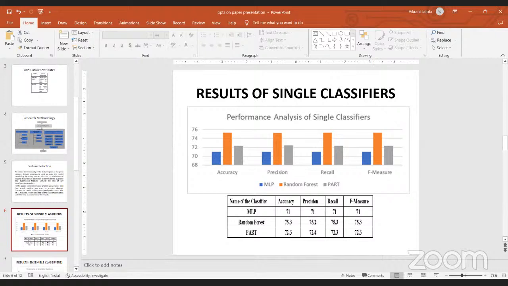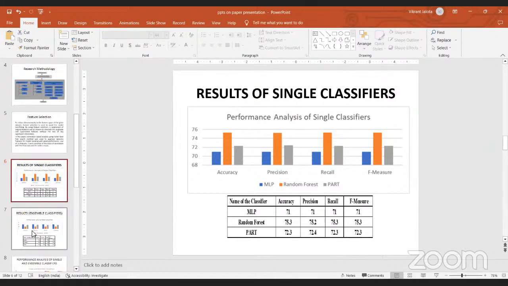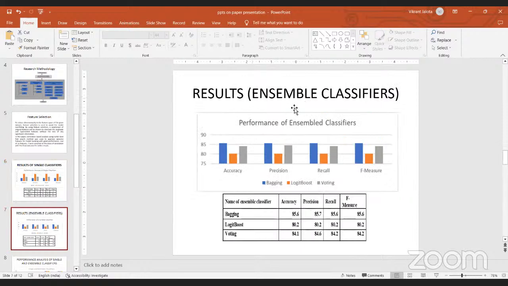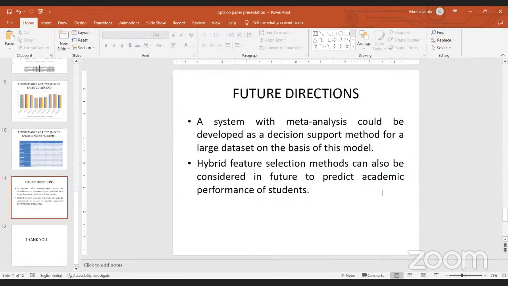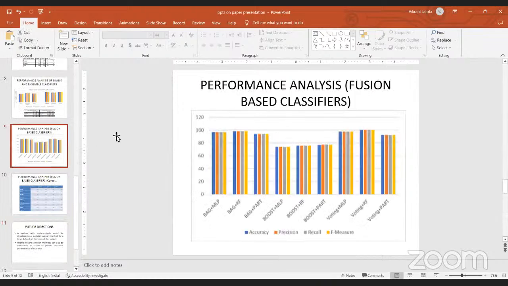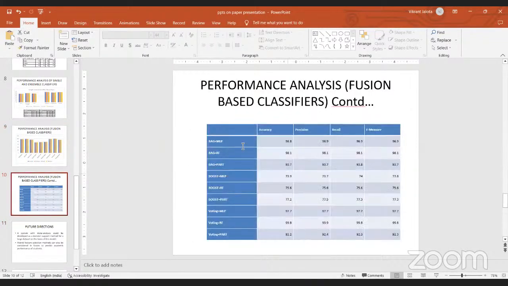So what is your conclusion from this particular slide? 71, 70.3 and then 72.3. Yes, sir. This is my ensemble classifier results, and this one is the single and ensemble comparative analysis. And when I am using the fusion-based classifier, my results are better, sir.